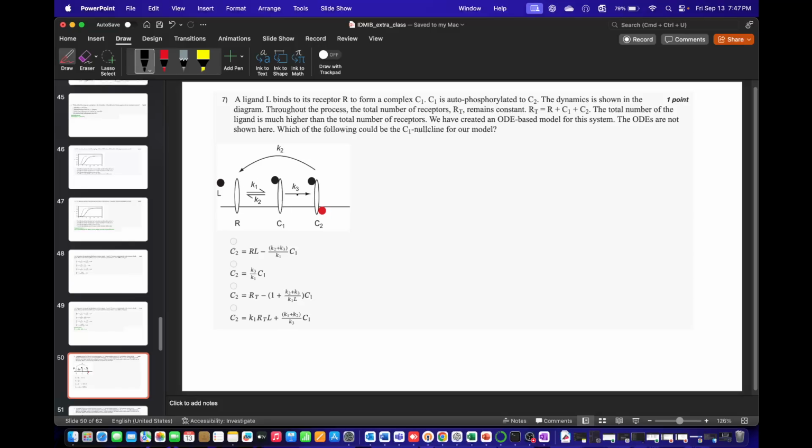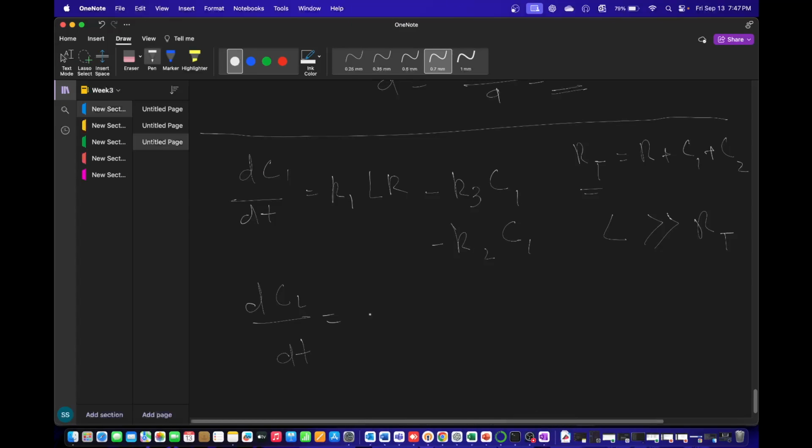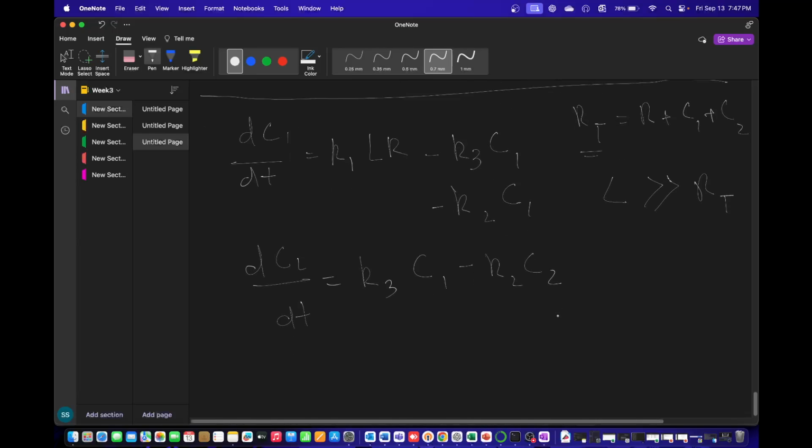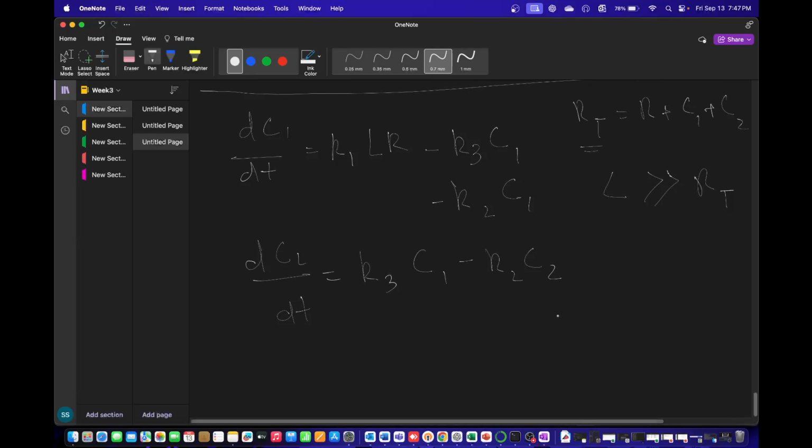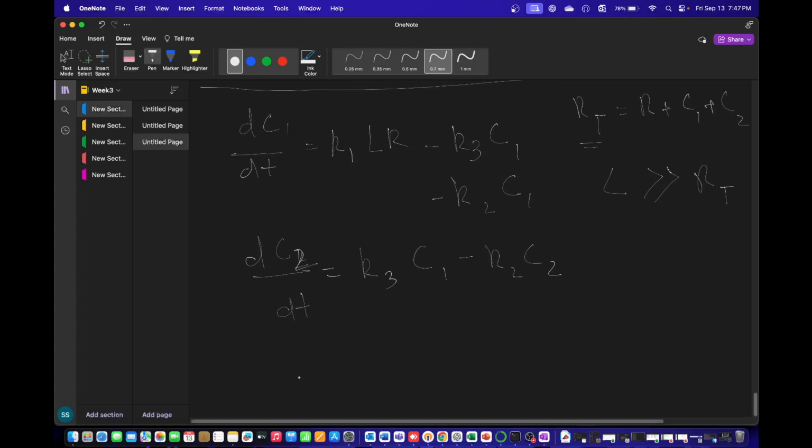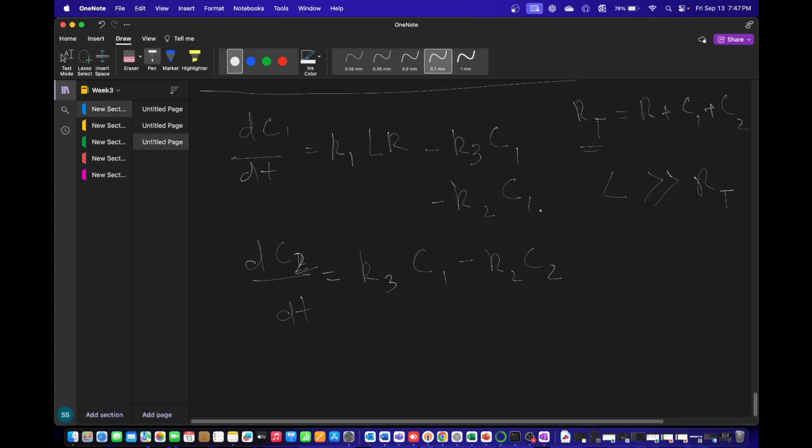So positive from K3, negative from K2, right? So dC2/dt will be K3C1 minus K2C2, right? Now in the first equation, sorry, this is dC2/dt by the way, sorry for that. So this is equation number 1, this is equation number 2.